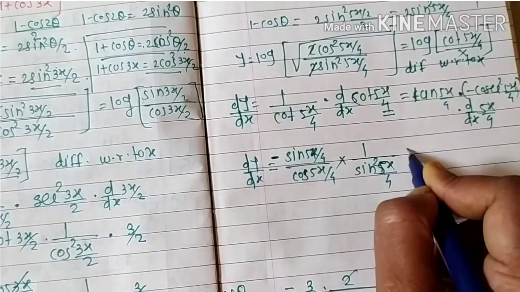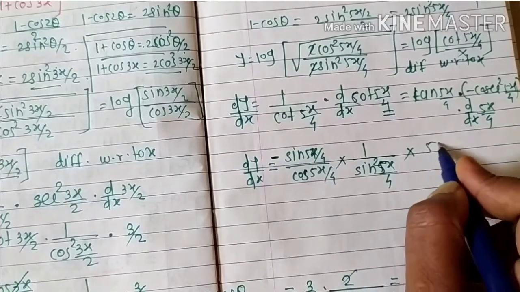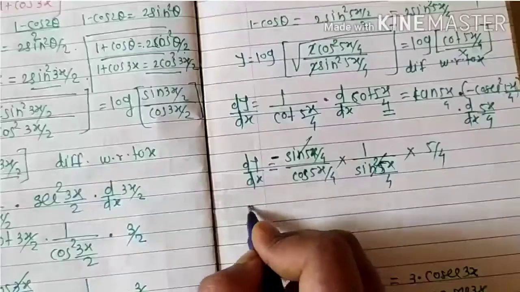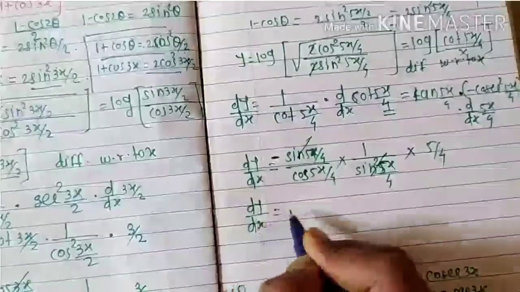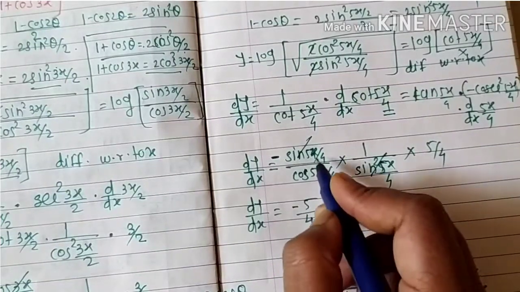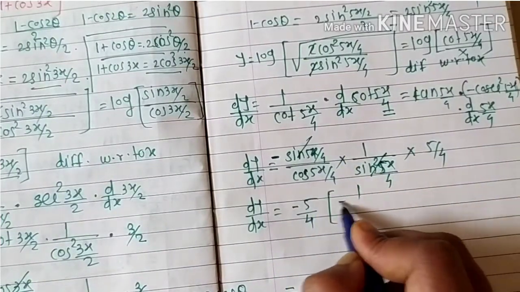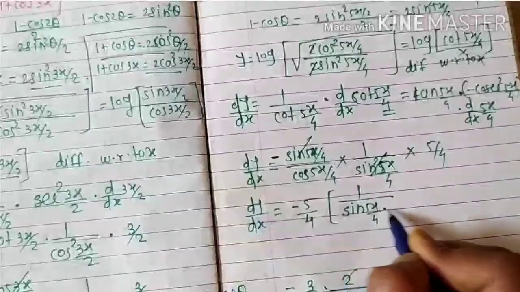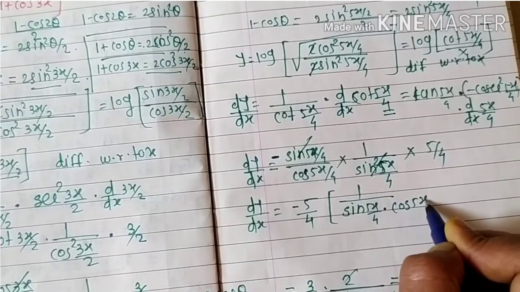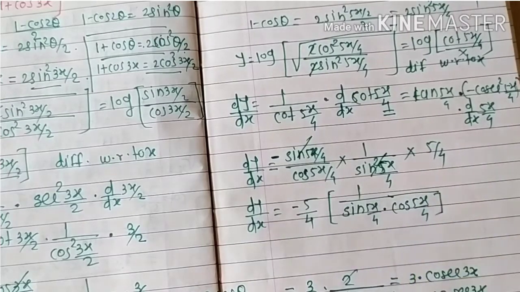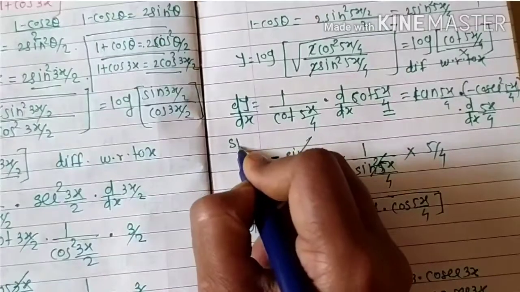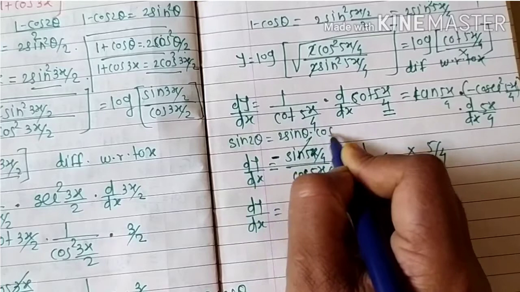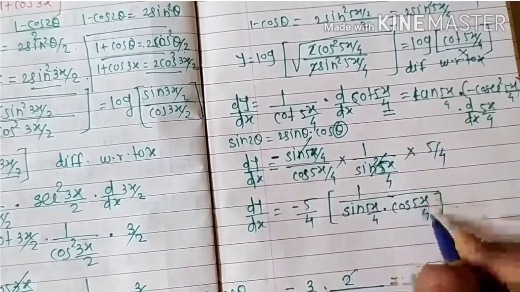Then into the derivative of 5x by 4, which is 5 by 4. Out of this sine square, one sine term gets cancelled. Then dy by dx is equal to minus 5 by 4, taken outside, and what remains is 1 upon sine of 5x by 4 into cos of 5x by 4. Again, like the last example, we know that sine 2 theta is 2 times sine theta into cos theta, but here theta means 5x by 4.